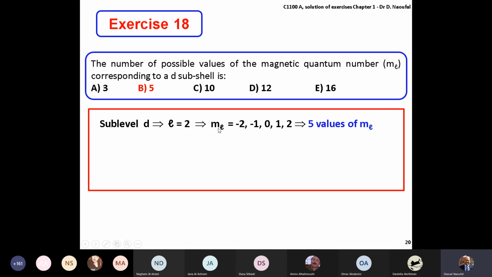So what are the possible values of ML? ML is between minus L and plus L. So the possible values for ML are minus 2, minus 1, 0, 1, and 2.